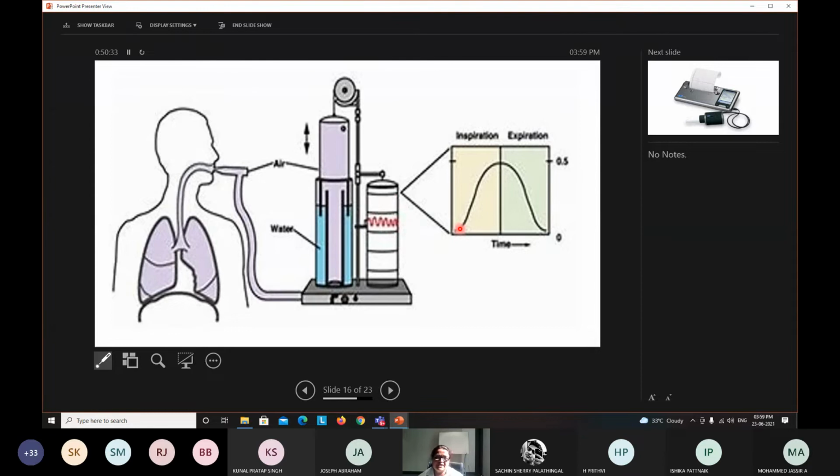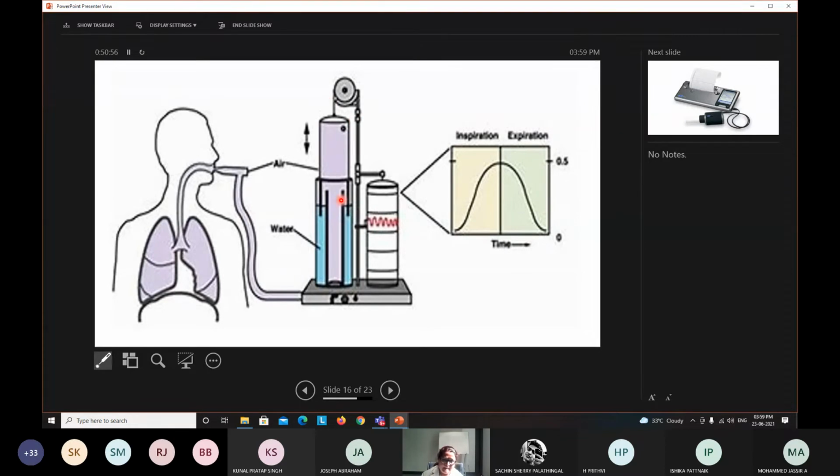When the person is breathing in, okay, just imagine breathing in, the air he is taking in, so the bell will be drawn downwards. When he is blowing out, it will be moving upwards.